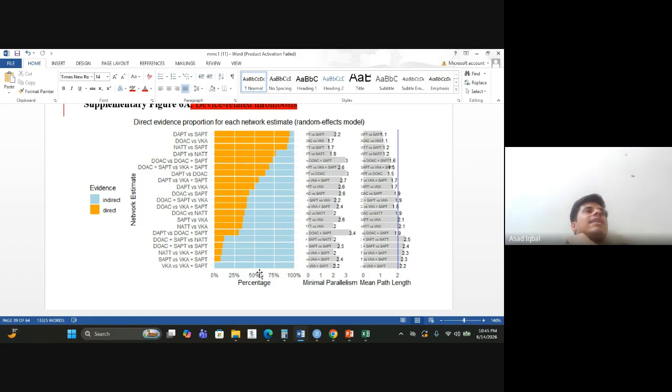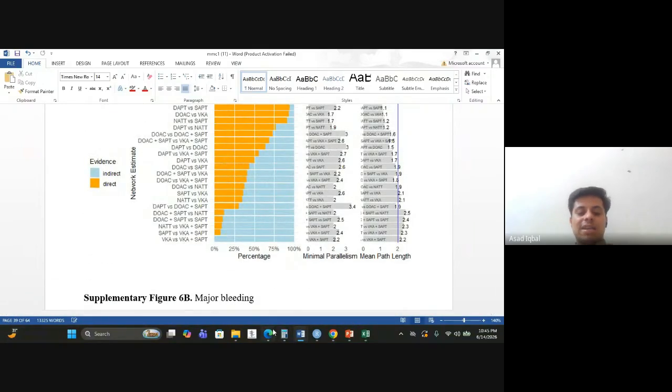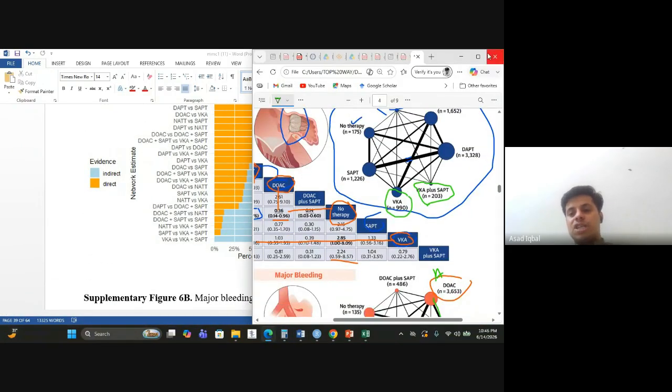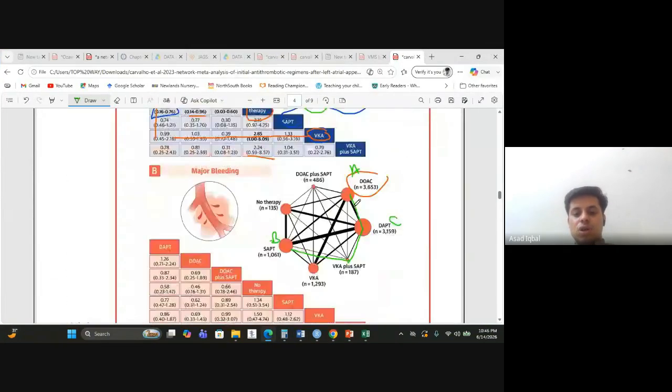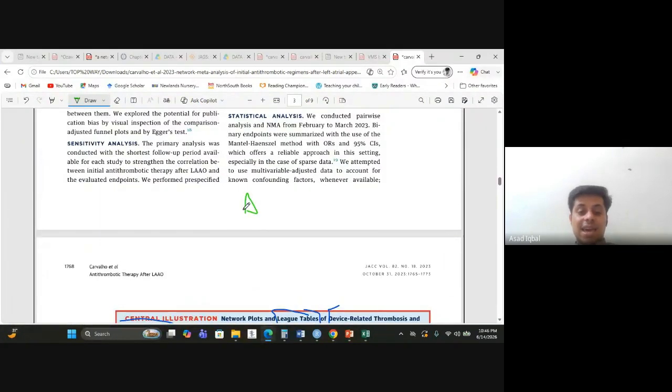Let me give you another example. Suppose you have A, B, and C. There are a lot of studies comparing A with B, and a lot of studies comparing A with C, but you have no study comparing B versus C. That usually happens. Like here is a placebo, here is one arm, there's another arm.